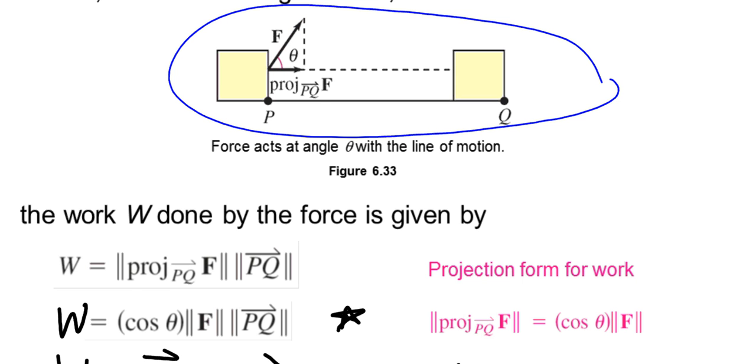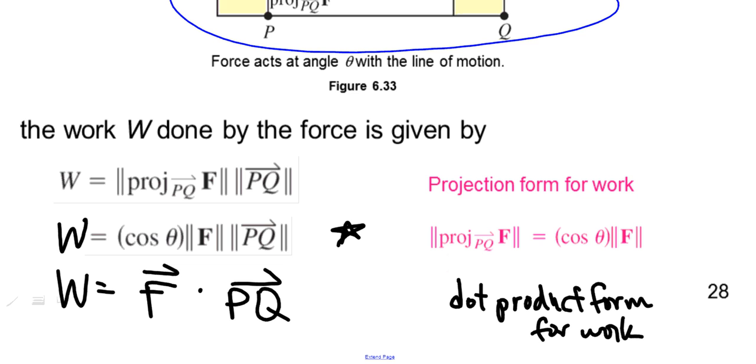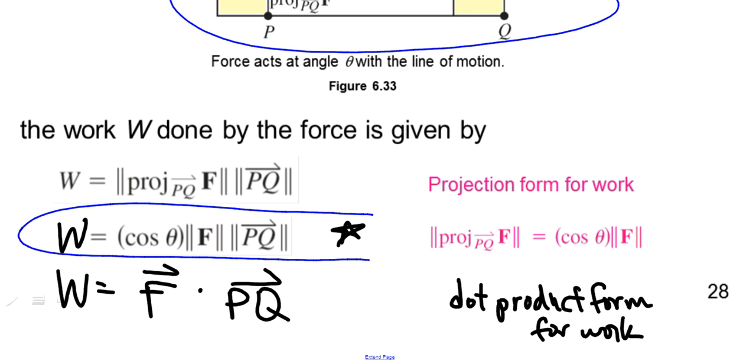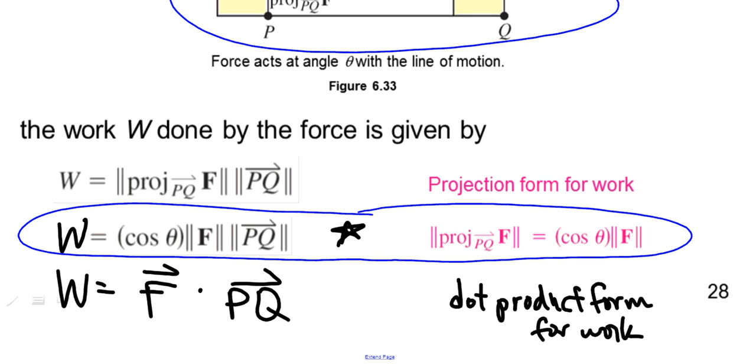And so if we want to figure out the work that we've done, here are 3 versions of the work formula. You might want to write down all 3 of them, but I'm going to read through all of them.